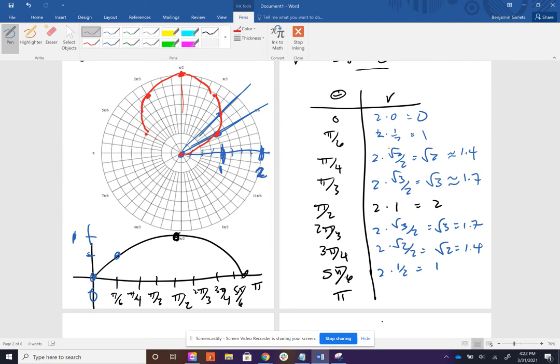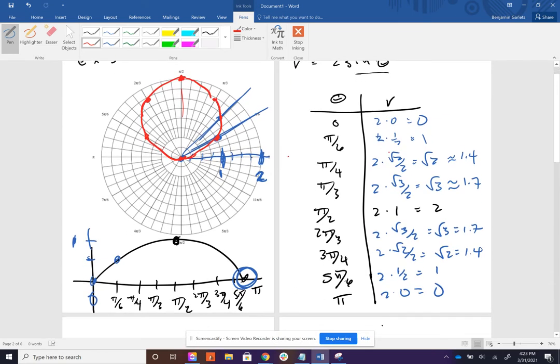And then lastly, the sine of pi is 0. So 2 times 0 is 0. And we notice that we come back to center right here. And we get a circle.